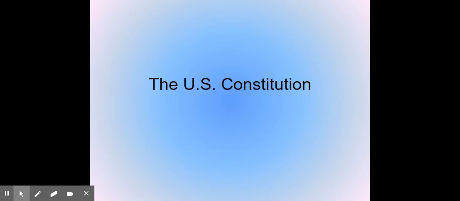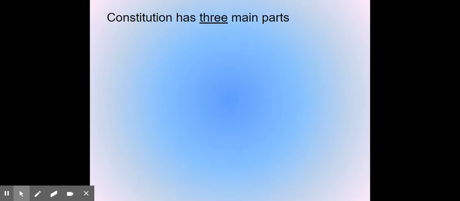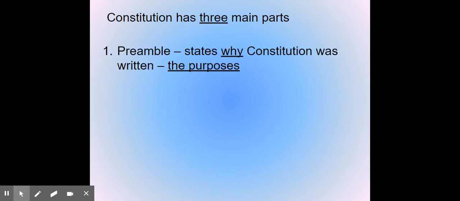Well, the Constitution has three main parts. The first part is the preamble. The preamble states why the Constitution is written, its purposes. All right. And the preamble starts with a very important statement: we the people.